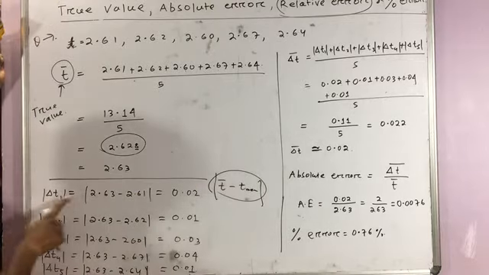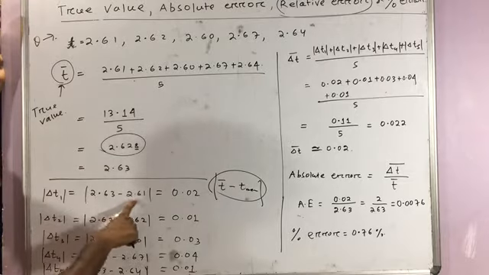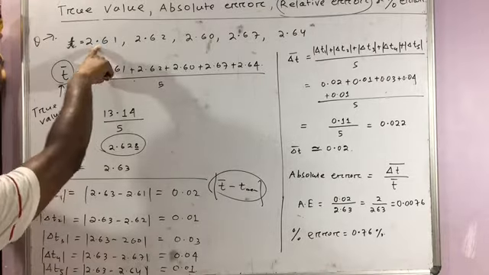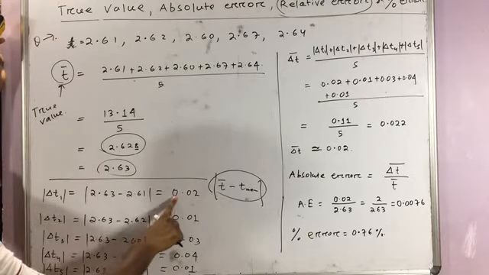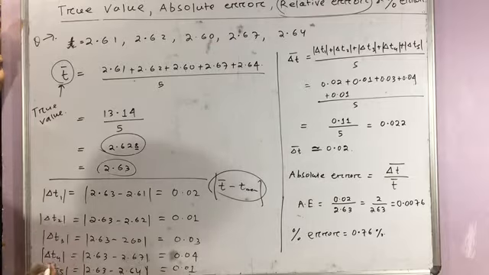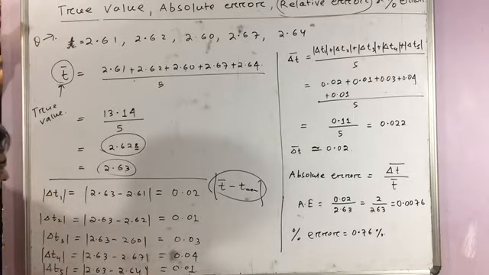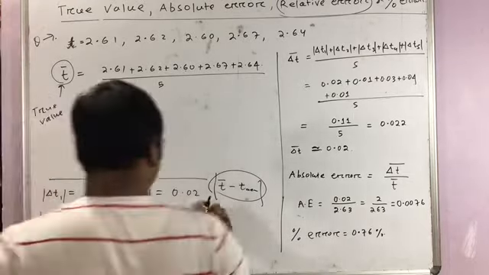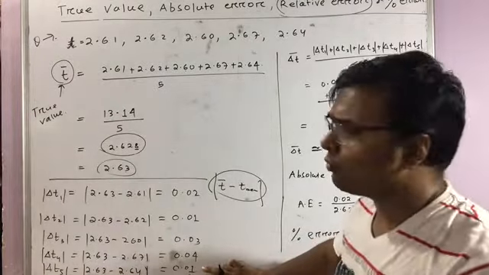In the first measurement, I found delta T1, which is 2.63 minus 2.61, because the first measurement is 2.61 and 2.63 is your true value, and it comes out to be 0.02. Similarly, I found all the absolute errors. We have 5 measurements, so I got 5 absolute errors: 0.02, 0.01, 0.03, 0.04, 0.01.